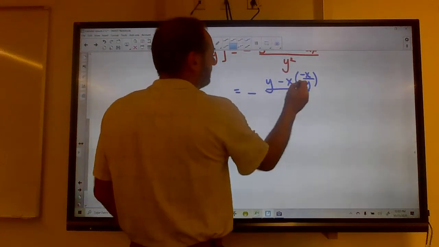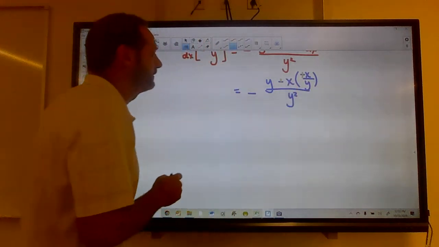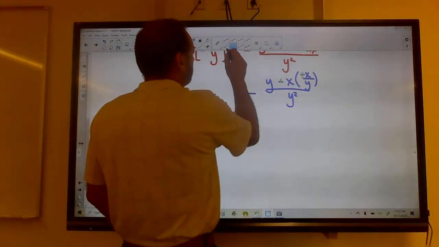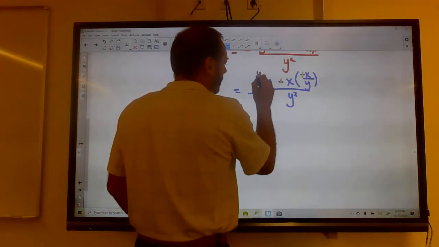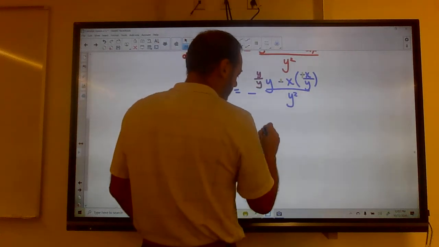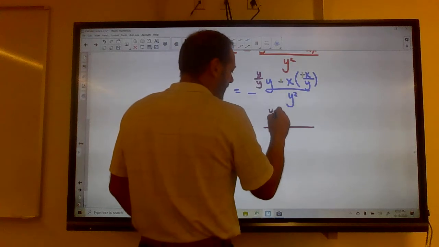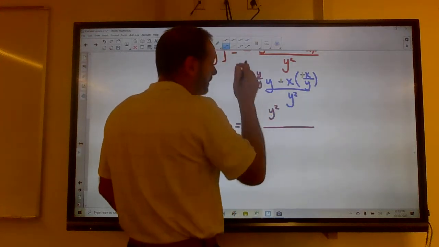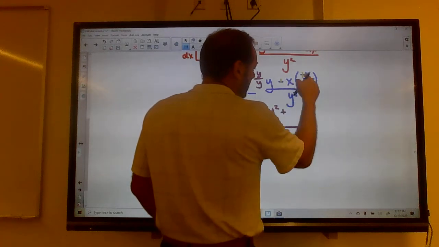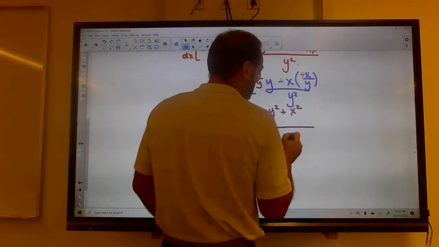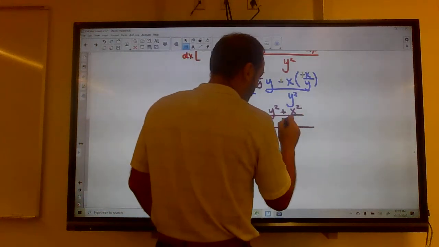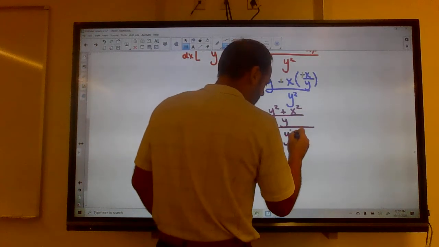And then those cancel. Now, I would like a common denominator here. So here's what I'm going to do. I'm going to multiply this by y over y. So I'm going to get negative y squared plus x squared all over y squared.